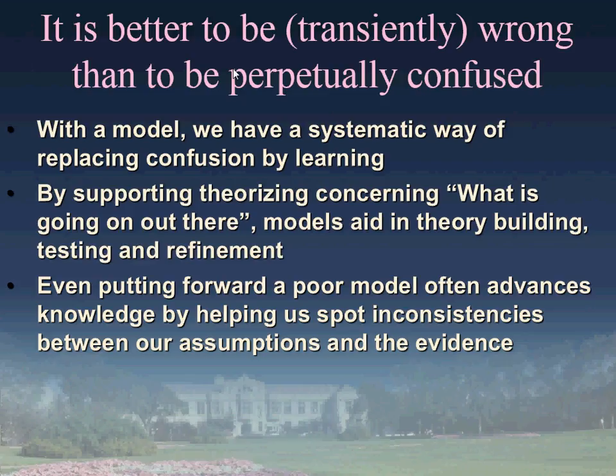He said, in Latin phrases that I won't try to copy, that it's easier to evolve truth from error than from confusion. And the way I like to put it is, it's better to be transiently wrong than to be perpetually confused. Fail early, fail often, is maybe how it would be put today. Try something, observe the consistency with what you're trying to get, and correct. That's going to be a lot better than sitting back and saying, well, we don't know what to do.